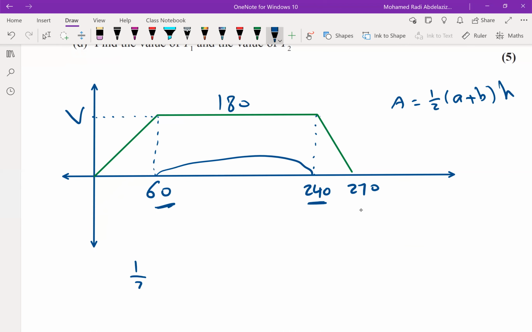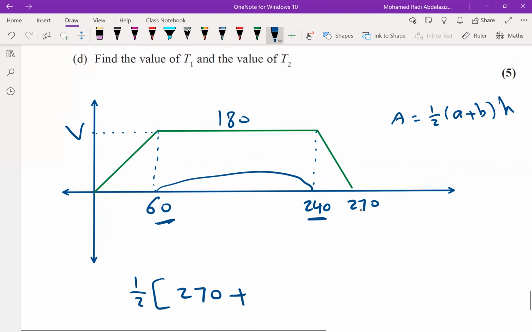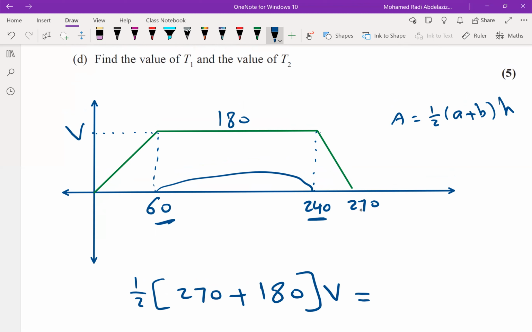So the area of the trapezium is half, A is 270, B is 180, and the height is V, equal to 4500.